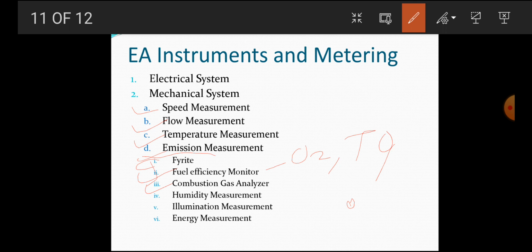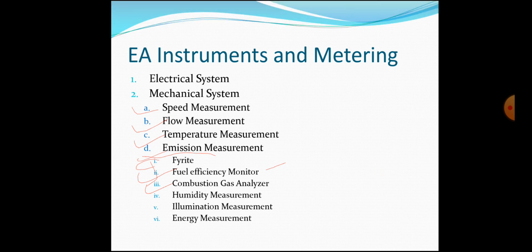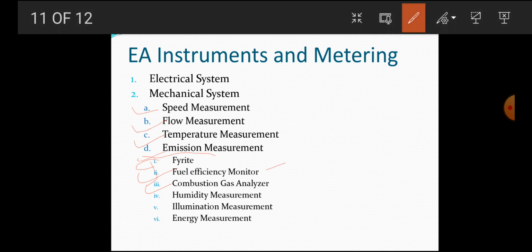The combustion gas analyzer measures CO2, NOx, SOx and CO. So it measures mostly all the pollutants, that is carbon dioxide, carbon monoxide, nitrogen oxides and sulfur oxides.